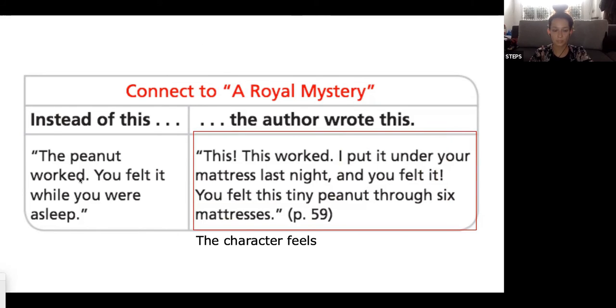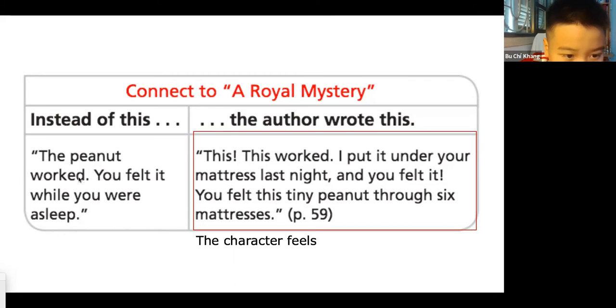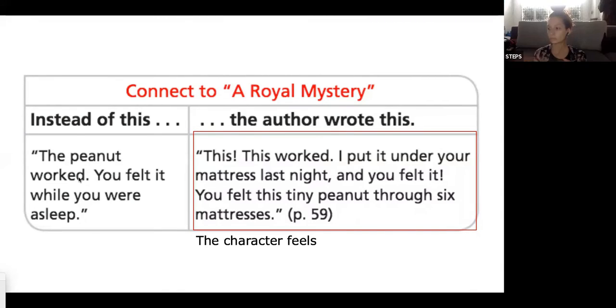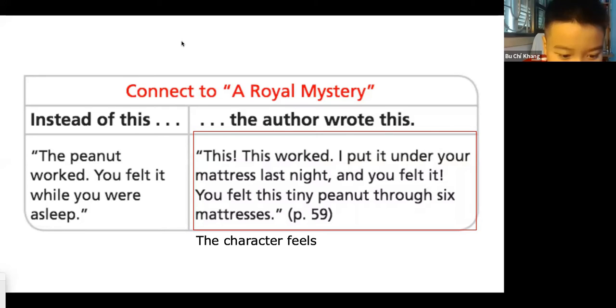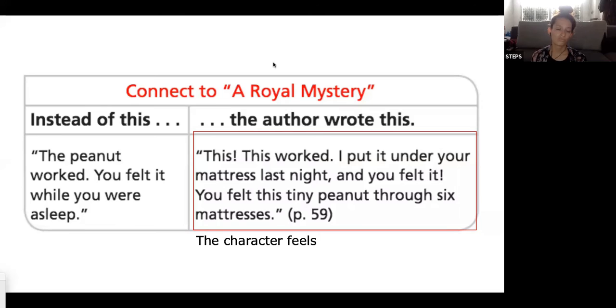Do you see it? Yes. Can you read it out loud for us, please? This worked. I put it under your mattress last night, and you felt it. You felt this tiny peanut through 6 mattresses. Okay, so how does our character feel? Confused. Not really confused. Can you think of a different word to describe the feeling?